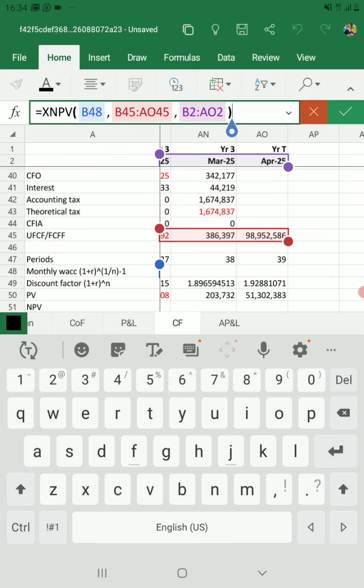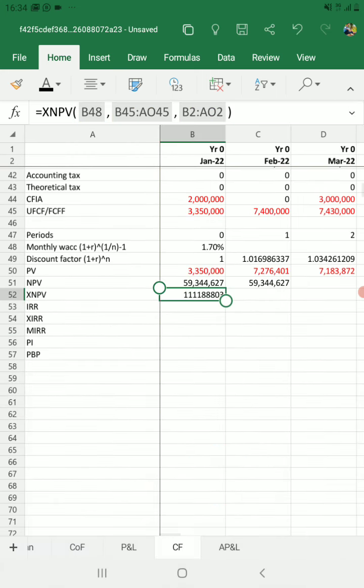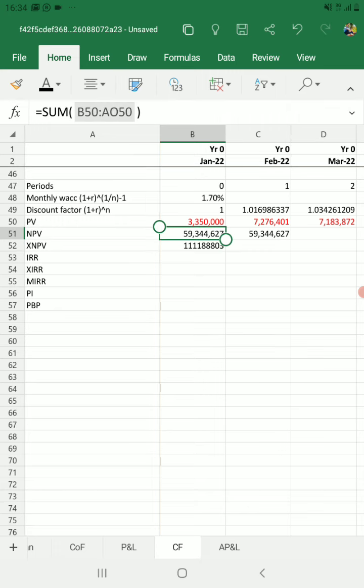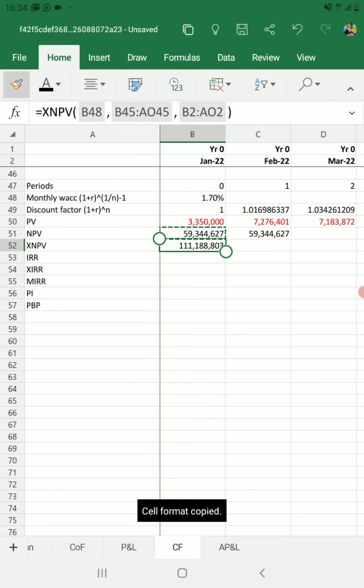Okay, right. Okay, so this is okay. Let me format this also using that one. So that is our XNPV.